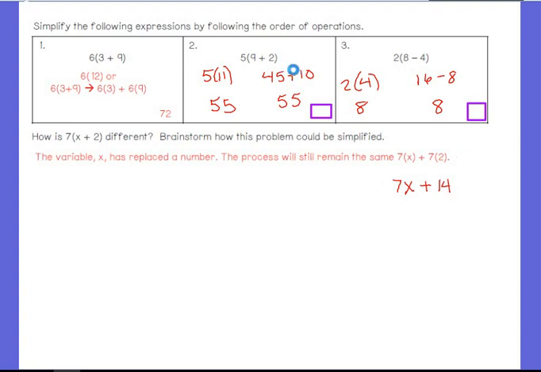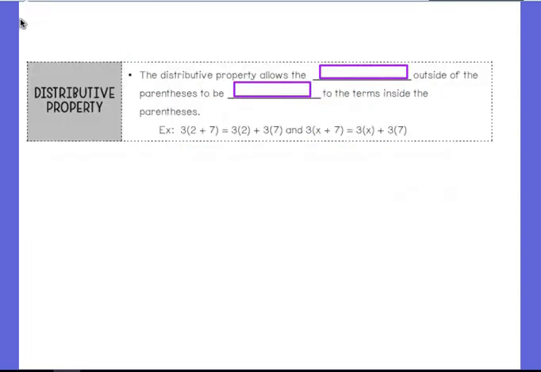So we're going to talk more about the distributive property. The distributive property allows the number outside of the parentheses to be distributed to the terms inside the parentheses. With the distributive property, I kind of like making a rainbow with it. Here's my distributor.